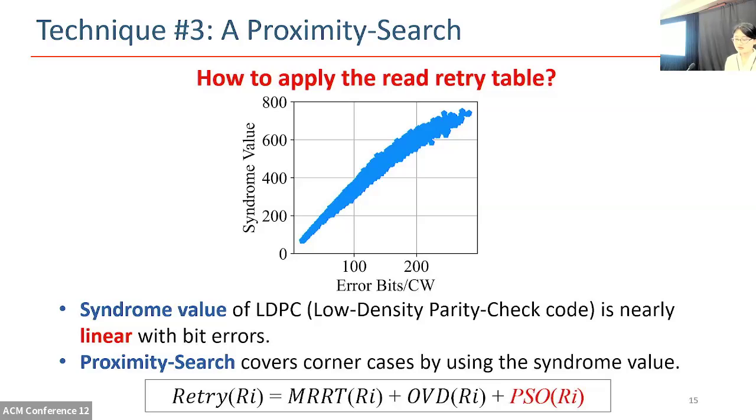This means even when a page can't be recovered by the LDPC, we can still estimate the number of error bits. So when the error bits decrease, the retry direction is right. By using this feature, we propose a proximity search method to find a better retry value for corner cases.